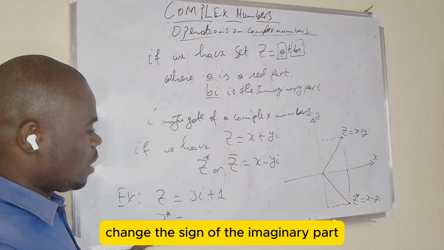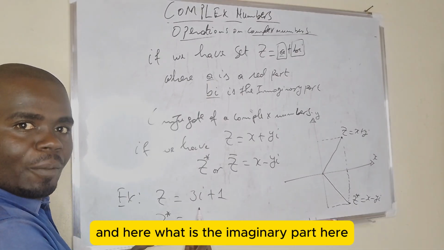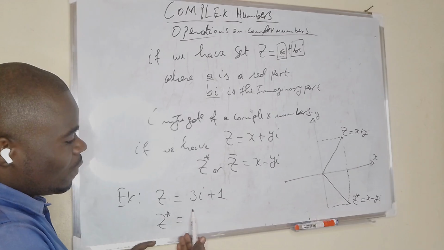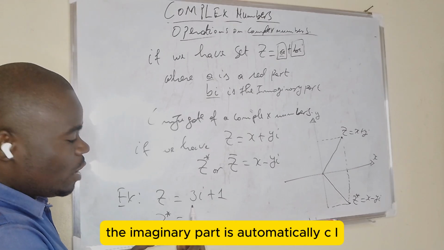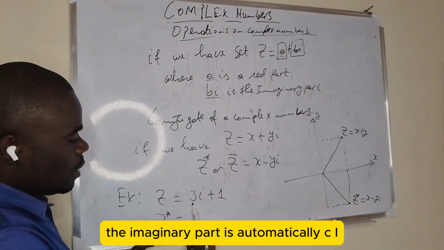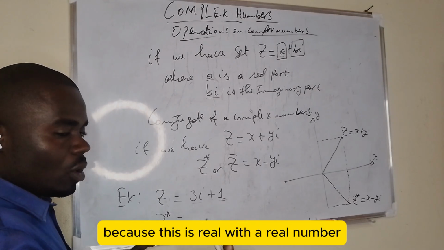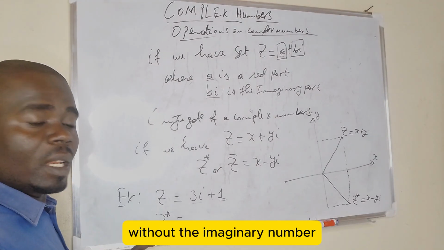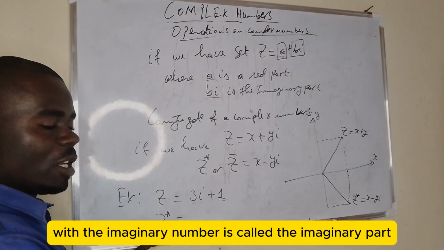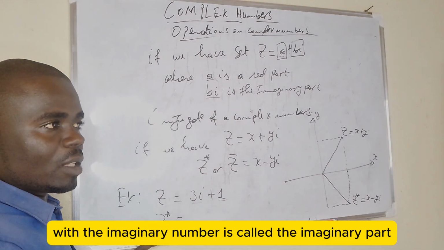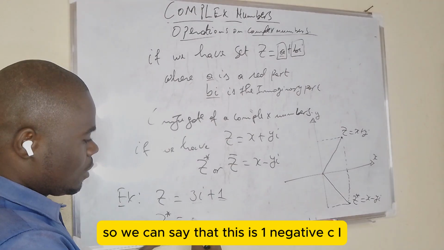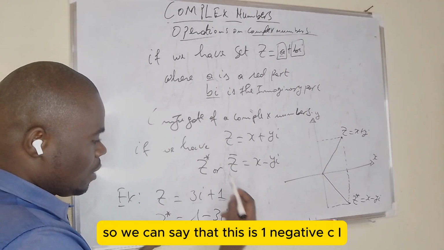What is the imaginary part here? The imaginary part is 3I, because 1 is a real number without the imaginary number, and the part with the imaginary number is called the imaginary part. So Z conjugate is 1 minus 3I.